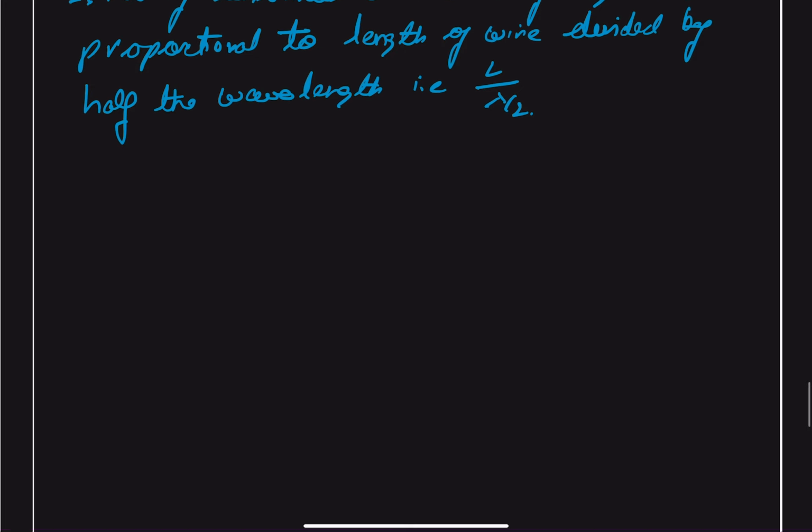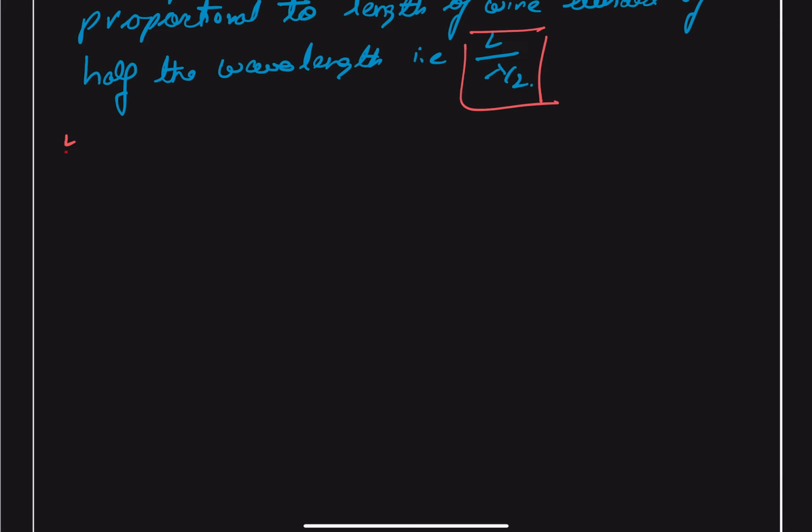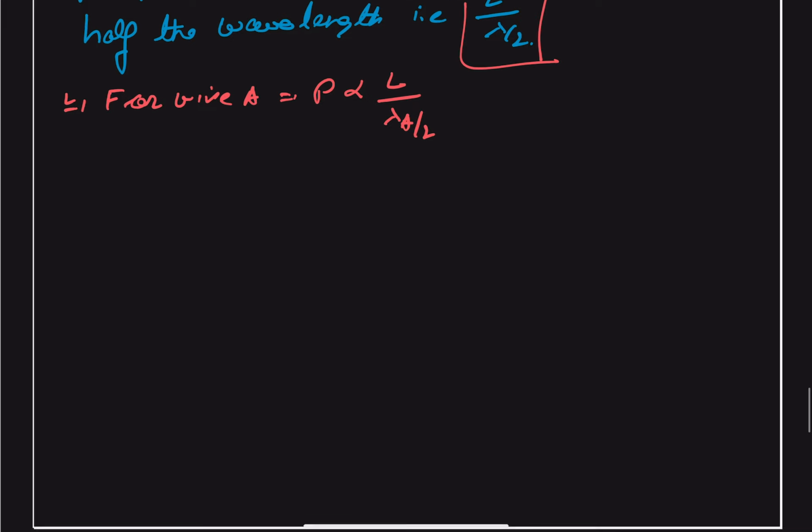So let us write this for wire A as well as wire B. For wire A we can write that P is proportional to length, which is the same in both the cases, so this will be length divided by lambda A divided by 2, and for wire B we have Q is proportional to length upon lambda B divided by 2.